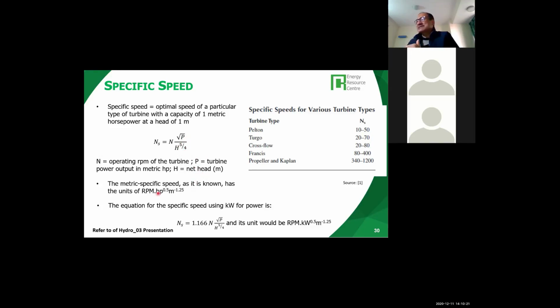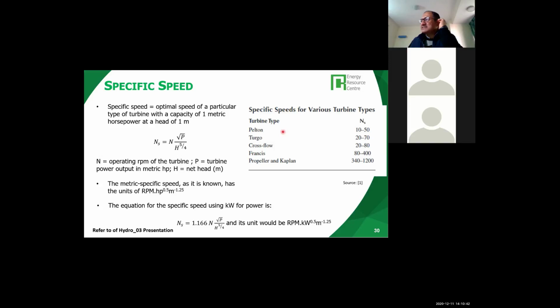P is given in metric horsepower. If you use kilowatts, then we multiply by 1.1666.